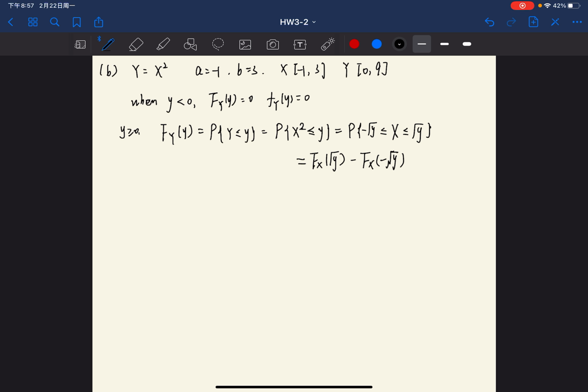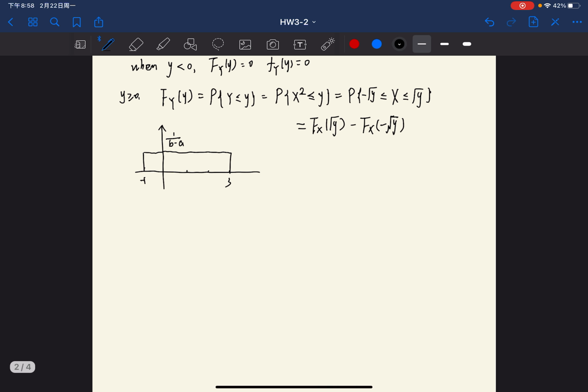And because a is equal to minus 1 and b is 3, it is obvious that when y is greater than or equal to 0, it should be divided into 3 circumstances. First, when y is between 0 and 1.